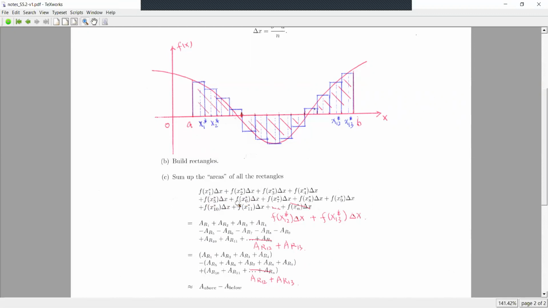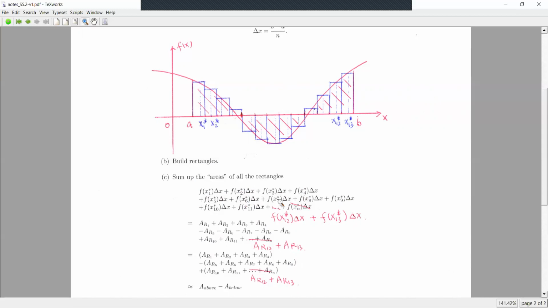Similarly, function value at x6 star is negative. So this product is a negative number. But the sixth rectangle area is positive. Area is always positive. So this product actually is equal to -1 times the area of this rectangle.